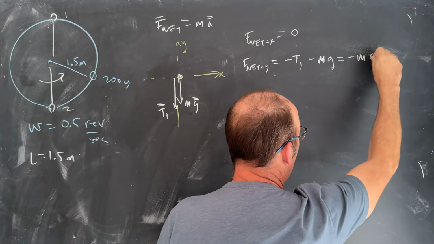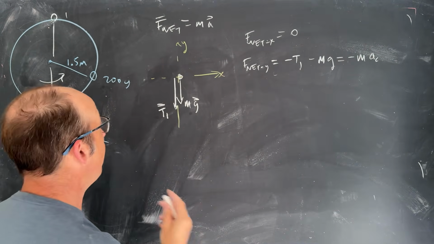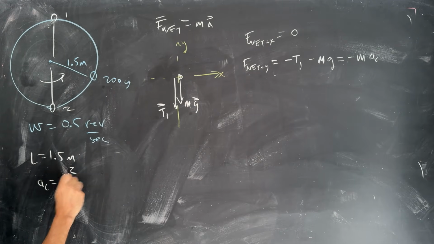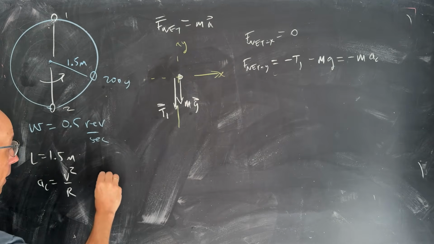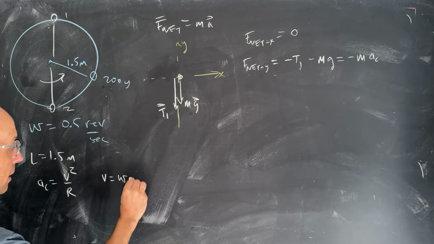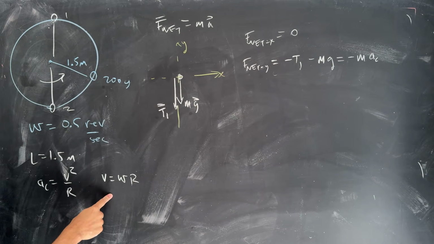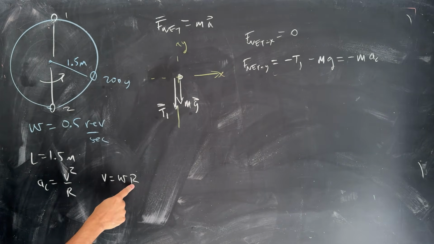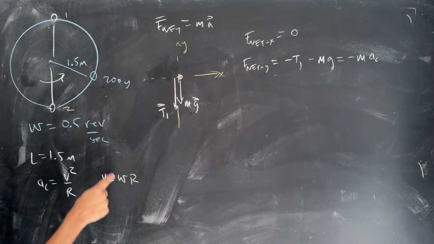negative m a_c. So if I have something moving in a circle, I can write a_c is v squared over R, the radius of the circular motion. But remember, v is equal to omega times R. That's true for any object moving in a circle, where that's the speed of the object, that's the angular velocity, and that's the radius. So since I have the angular velocity, I want to use this.